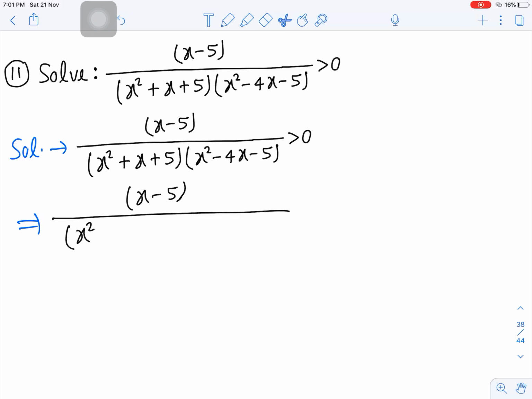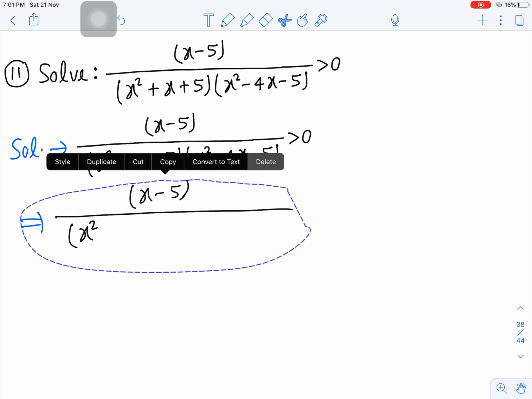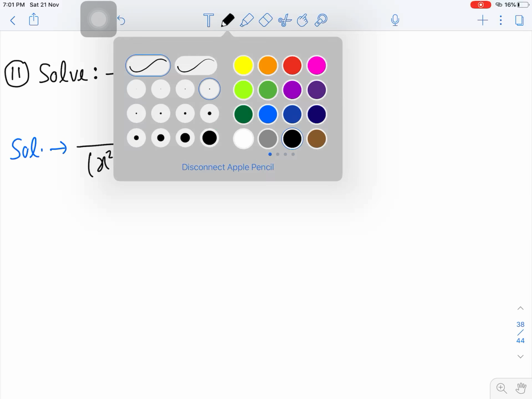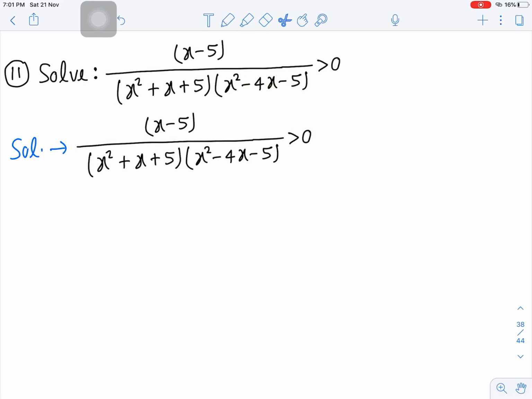Okay, and before that, one more thing which we can do. So we can find the discriminant for both the equations. So if we find the discriminant for x square plus x plus 5, d would be nothing but b square minus 4ac.